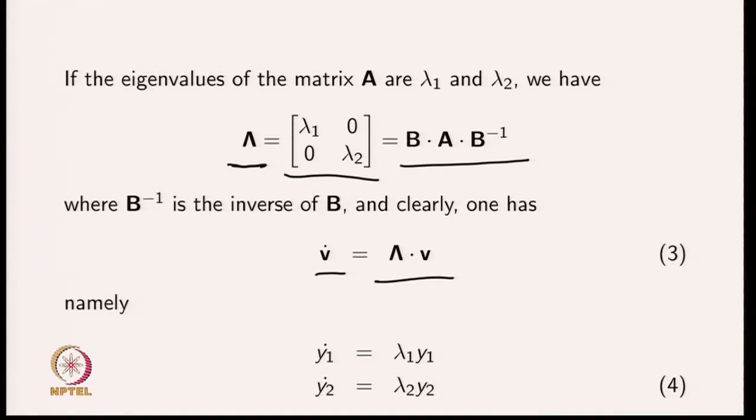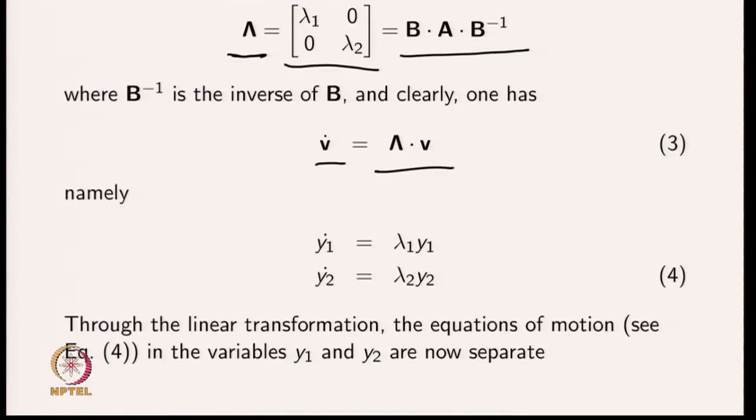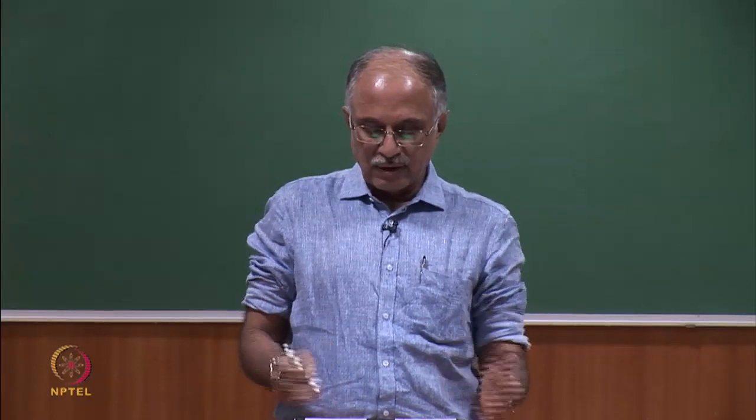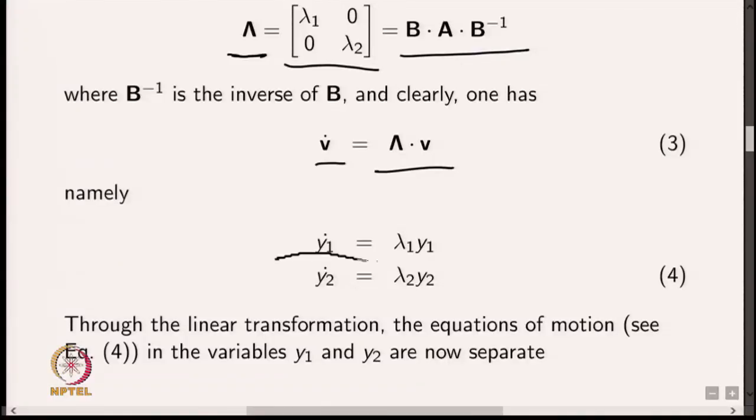Writing this in terms of the variables, you find that y1 dot is equal to lambda 1 times y1, and y2 dot is lambda 2 y2. That is, by this linear transformation, we have separated the 2 variables and got much simpler equations, which are effectively just one-dimensional equations.